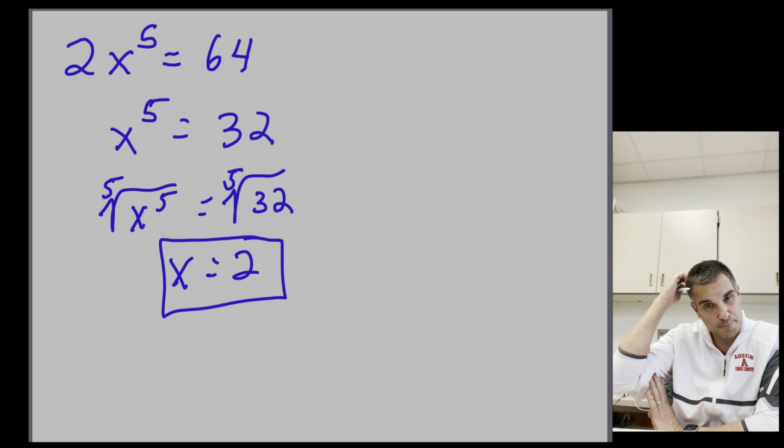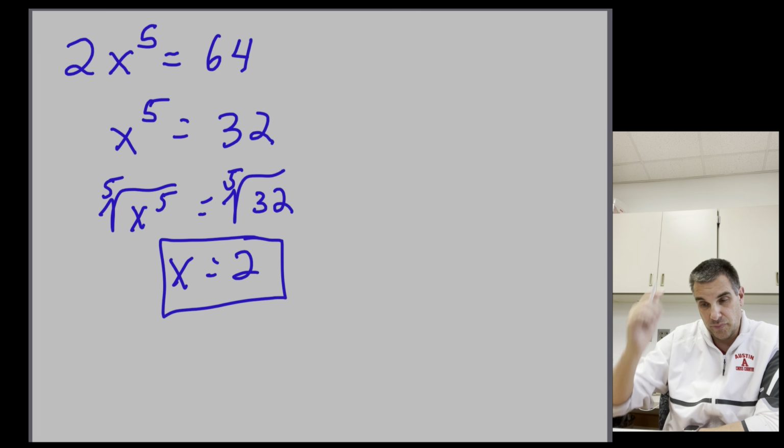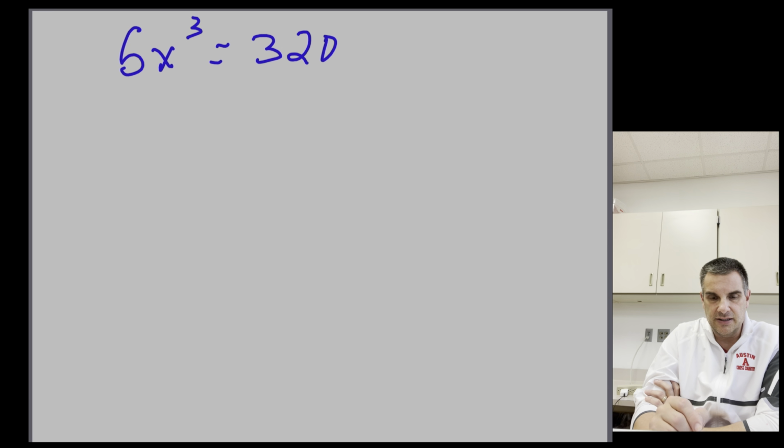Okay. And it has to be 2. It can't be -2. Okay. It is 2. So let's go with 5x cubed equals 320. It's a nice 5, by the way.